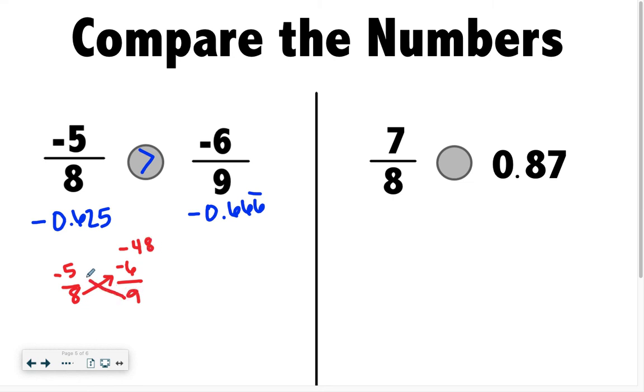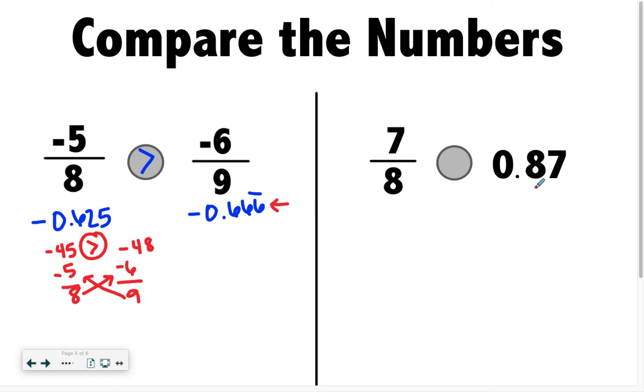And if I do -5 times 9, I get -45. So which one is bigger, -45 or -48? -45. So you know that the sign goes that way. Okay? So that's a way to do it if you don't feel as confident comparing decimals right away.